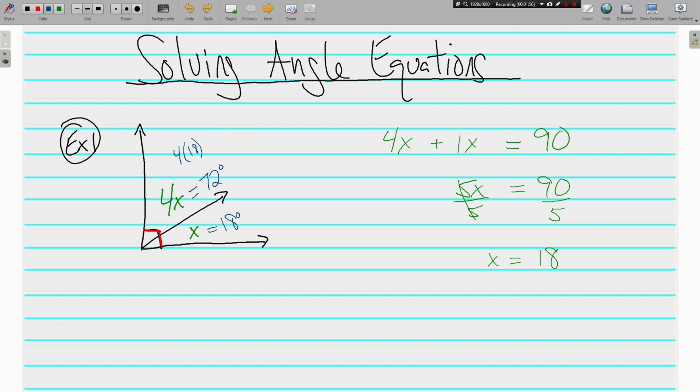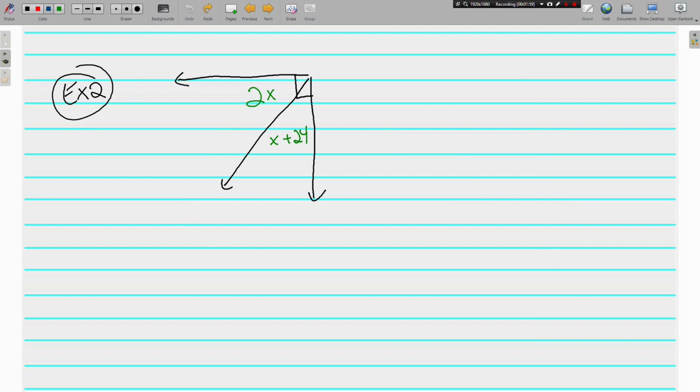All right, let's do another. It looks like we've got another pair of complementary angles. I know they're complementary because of that right angle. Right angle means 90 degrees. So these two angles have a sum of 90 degrees.